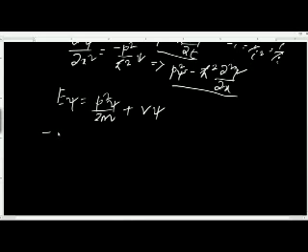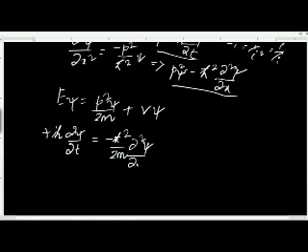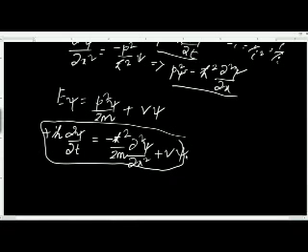E is nothing but i h cross del psi del t, which is equal to, now p square is nothing but minus h cross square, twice m is already there, and we have del square psi del x square plus V of psi. This particular equation is what we call the Schrodinger time dependent equation. So this is my Schrodinger time dependent equation.